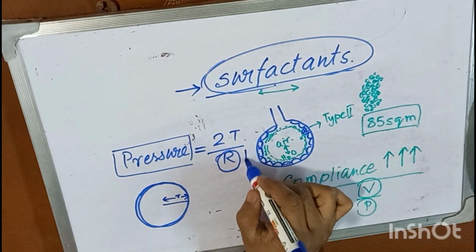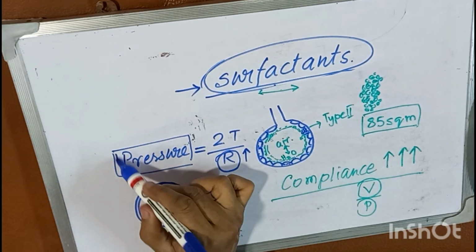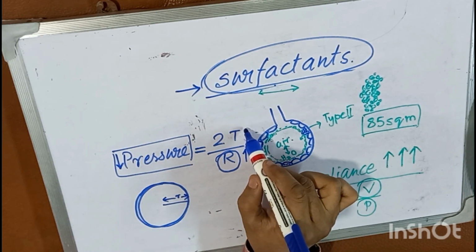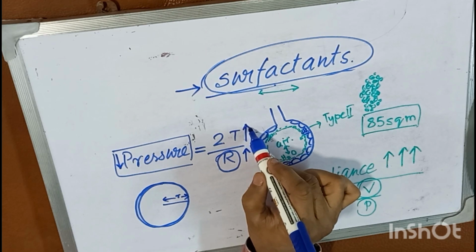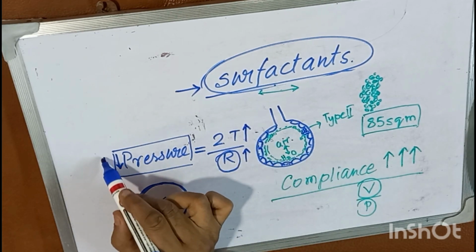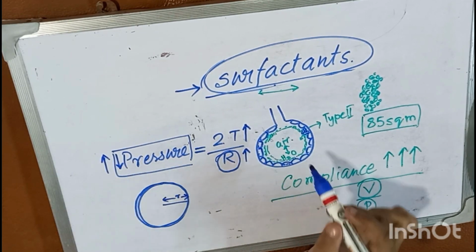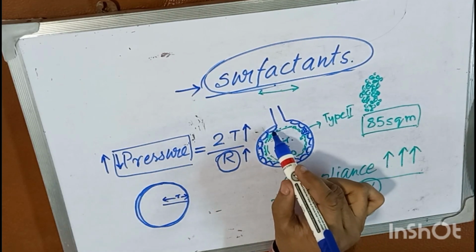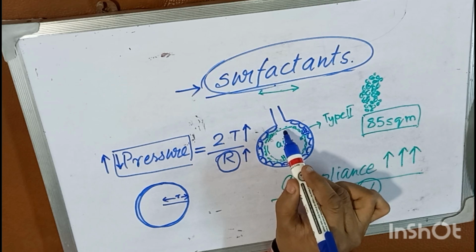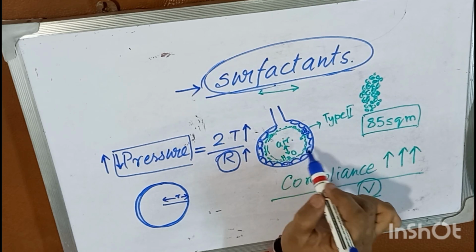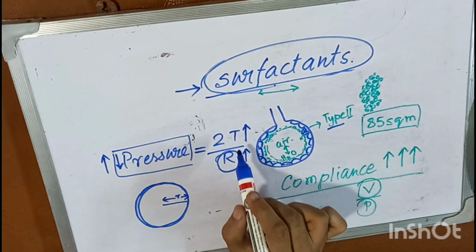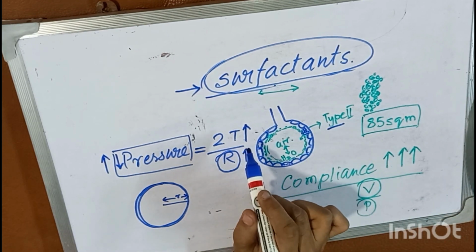So if the radius goes up, the pressure goes down, and it is directly proportional to the surface tension. So if the surface tension increases, the pressure also increases. Because of this, if there is lowered surfactant being produced by type 2 alveolar cells, the surface tension goes high and the pressure goes high.